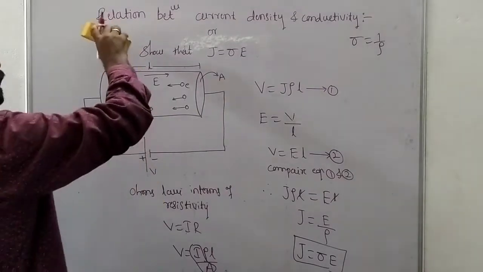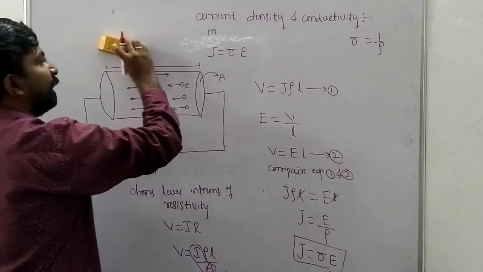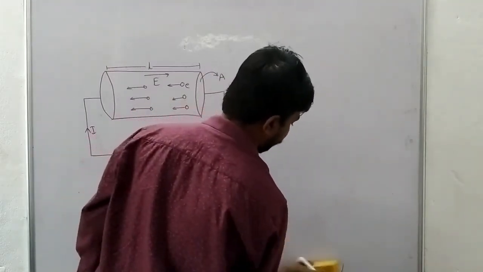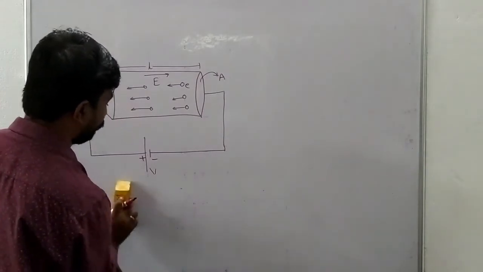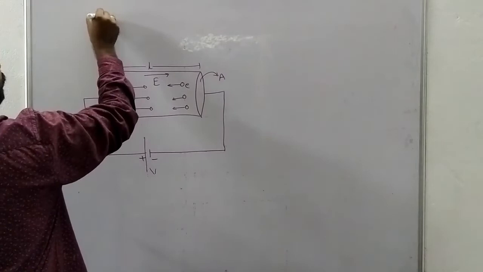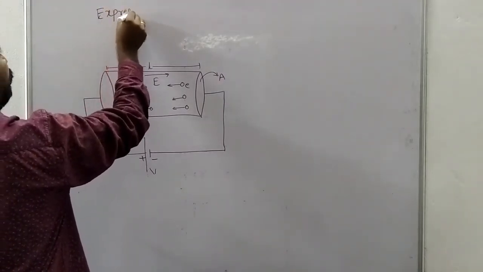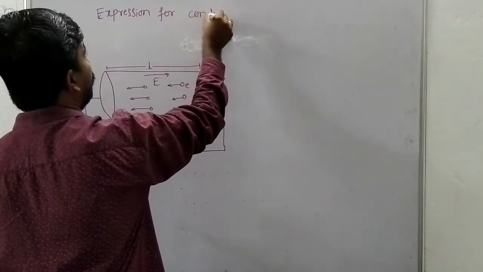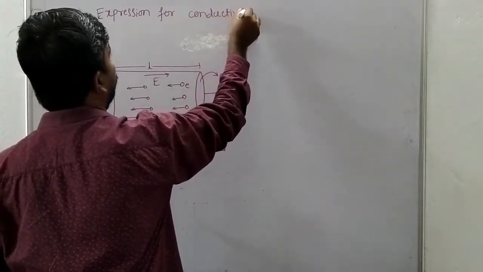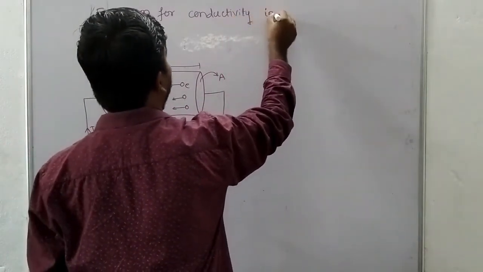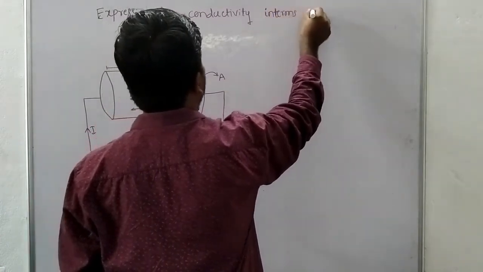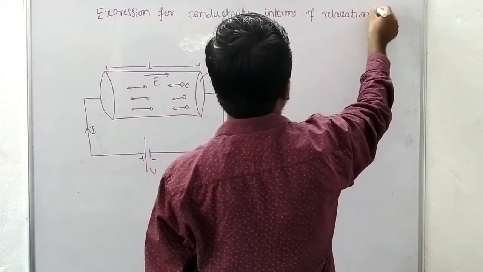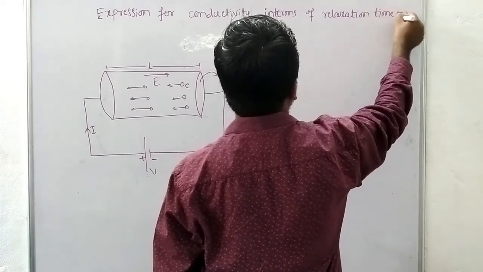Similarly, the next important concept is to derive an expression for conductivity in terms of relaxation time, that is tau.